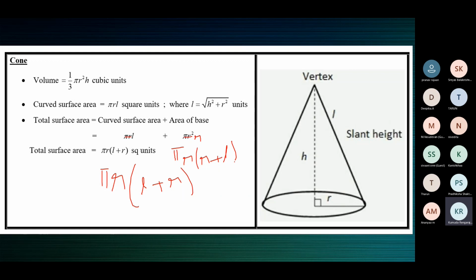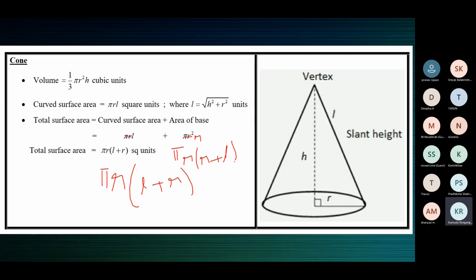Square units. Area is always expressed in square units, volume in cubic units. If it's simply length, units. Slant height is only length; you can measure it using a scale. Area you cannot measure using a scale in one shot.